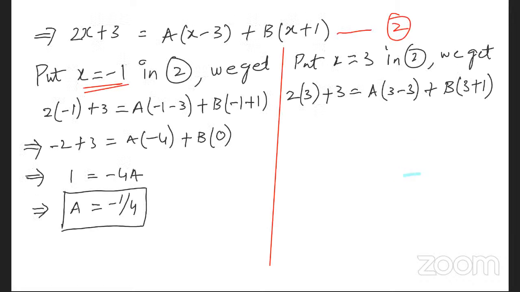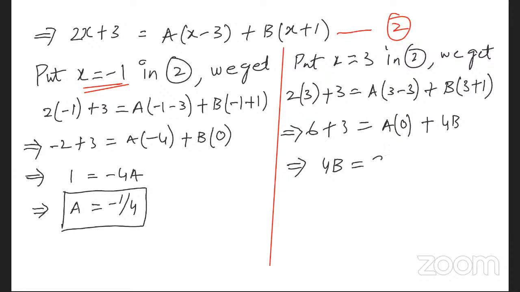Simplify this further: 6 + 3 = A(0) + 4B. So 4B = 9, and we get the value of B as 9/4.